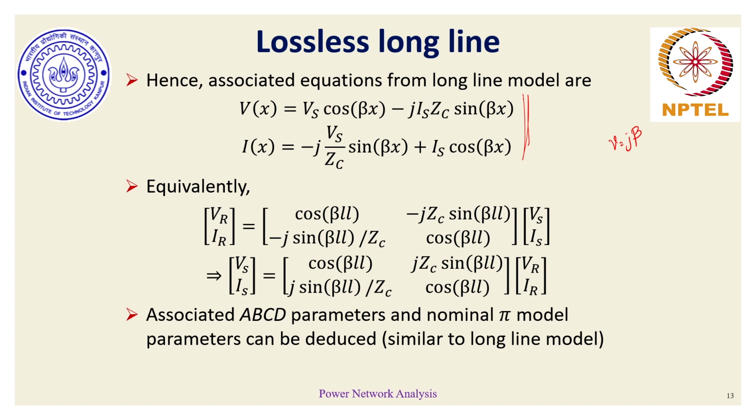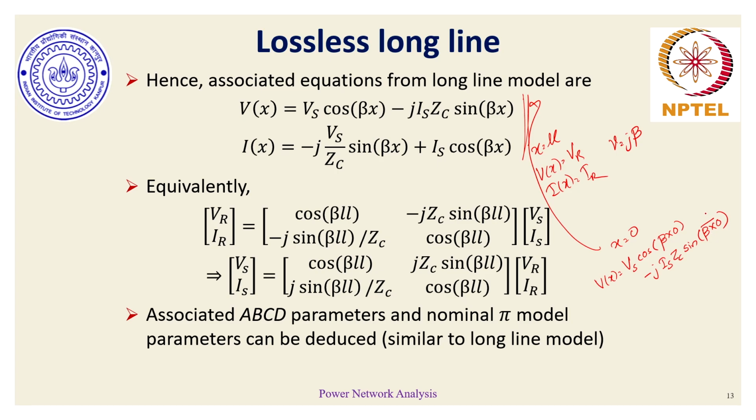We can find the corresponding nominal pi model, using the second boundary condition, where at x equal to l, V of x is VR and I of x is IR. Interestingly, if we put x equal to 0 into the first equation, then V of x is equal to Vs cosine of beta into 0 minus j Zc sine of beta into 0.